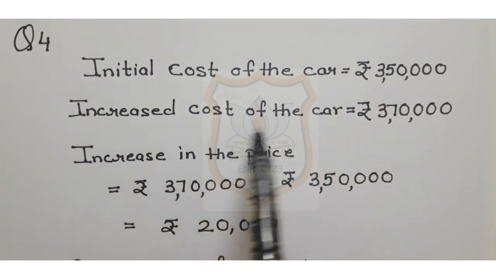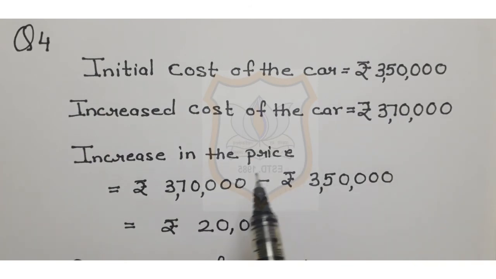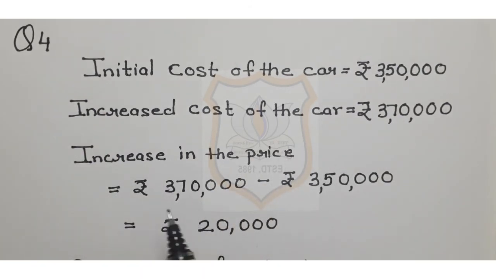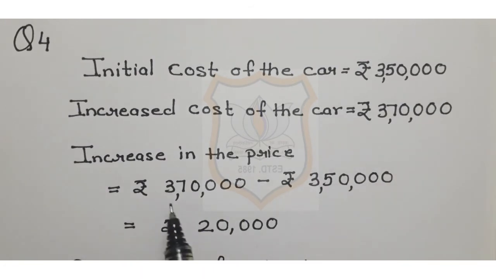Increased cost of the car: after 1 year the cost of the car increased to 3,70,000. Now the increase in the price we have to calculate. To calculate that we subtract the initial cost from the increased cost, that is rupees 3,70,000 minus rupees 3,50,000. That comes to rupees 20,000.